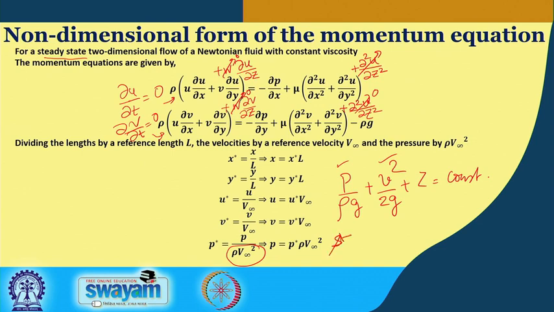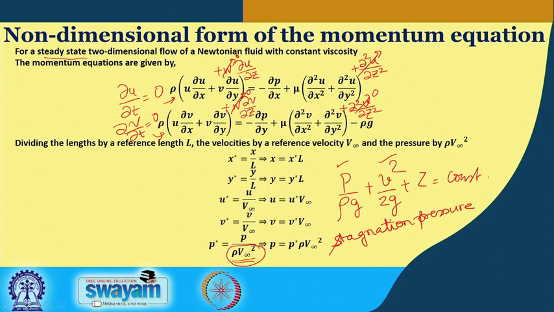In that it is assumed that when a fluid is brought to rest suddenly, the whole pressure energy gets converted to kinetic energy. So, you can assume that this particular non-dimensional pressure is something like the stagnation pressure, in which a flowing fluid is brought to rest. That way we take this non-dimensional form of the pressure.